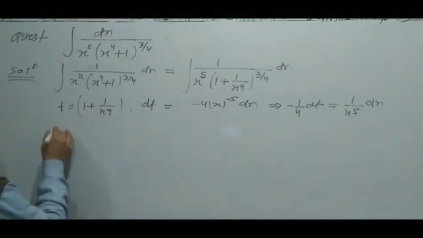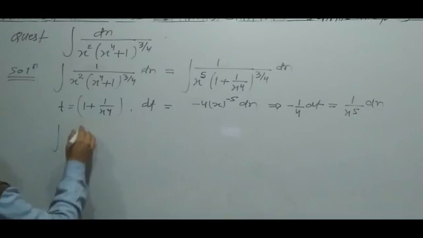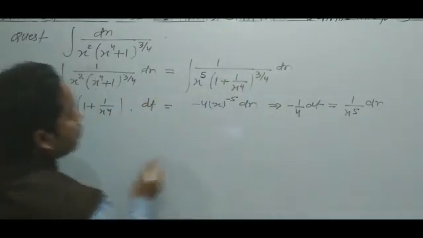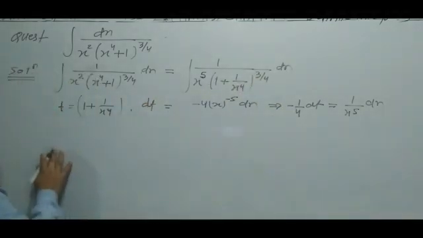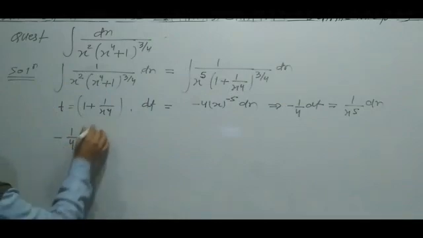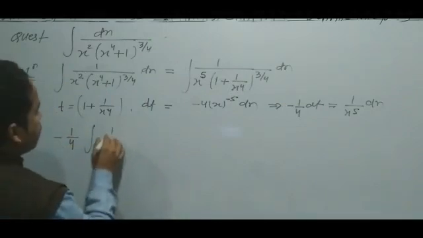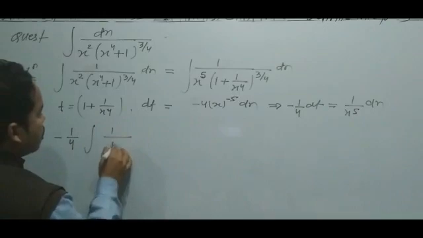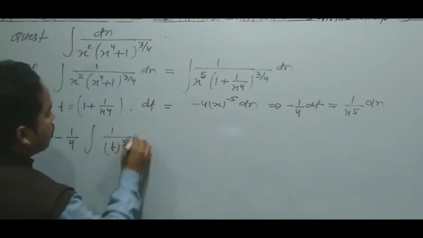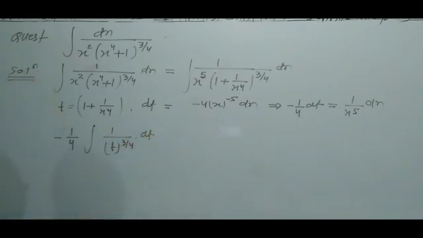Now we have to change this integral. So 1 upon x to the power 5 dx result will be minus 1 by 4 dt. So minus 1 by 4 integration of 1 upon t to the power 3 by 4 with dt. And this result, what we can write? t to the power minus 3 by 4.